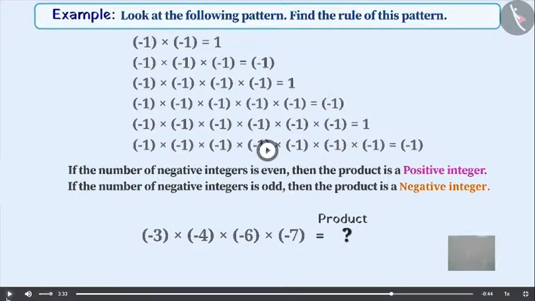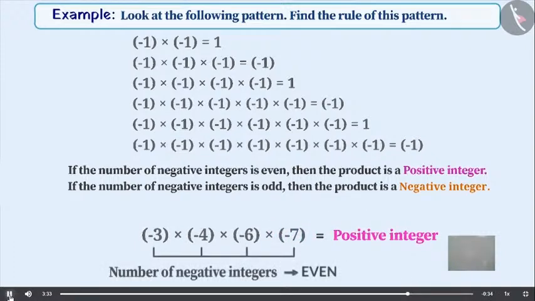Positive. Obviously positive. Yes. Here, the product of -3 into -4 into -6 into -7 is a positive integer because the number of negative integers is even. Is it clear to everyone? Anybody has to say anything?